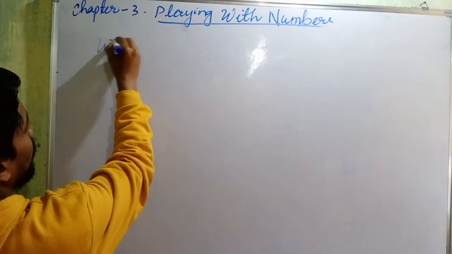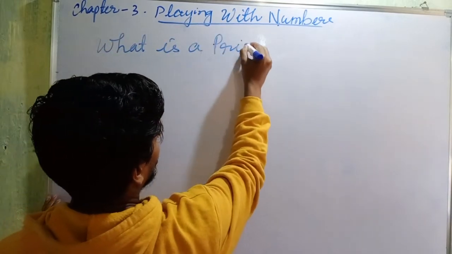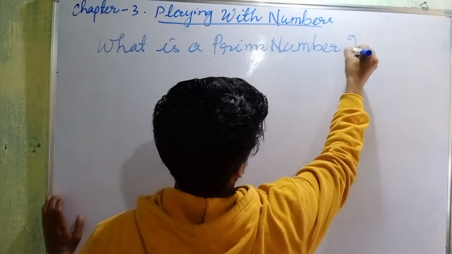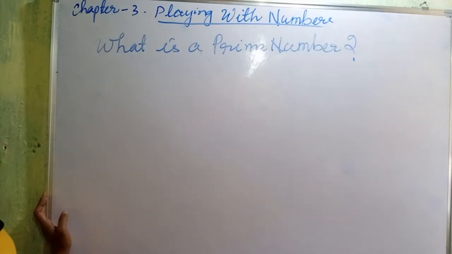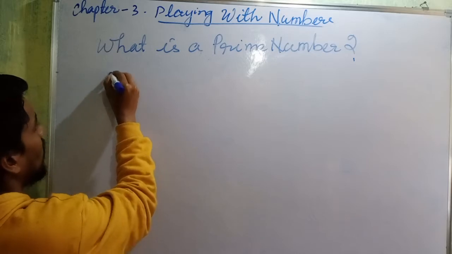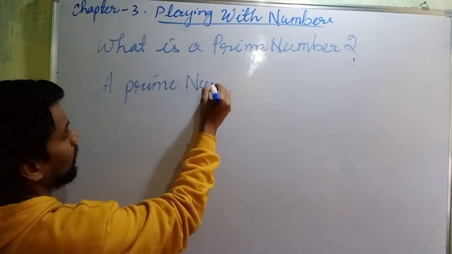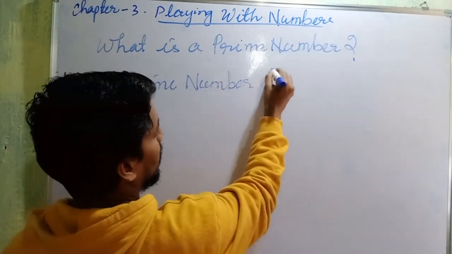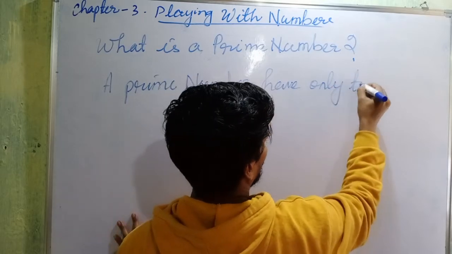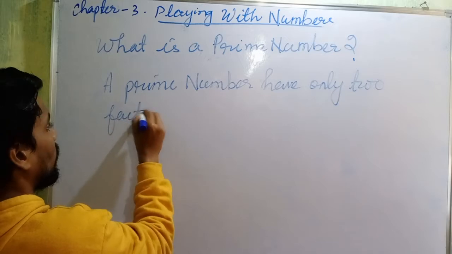So what is a prime number? The definition will be like this. A prime number has only two factors.